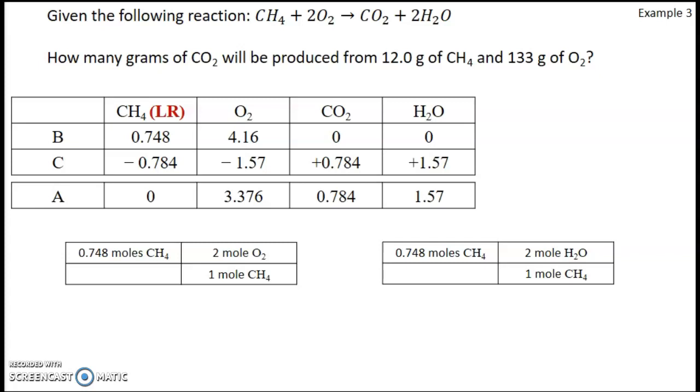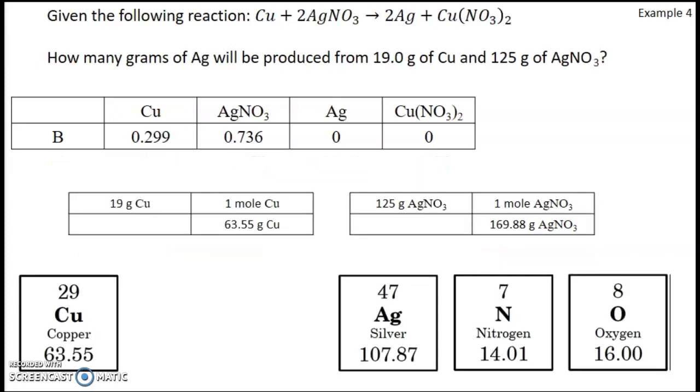identifying the limiting reactant. Our final example says, given the following reaction, copper plus silver nitrate reacts to form silver and copper nitrate, how many grams of silver will be produced from 19 grams of copper and 125 grams of silver nitrate? Again, all of the numbers in your table must be in moles.